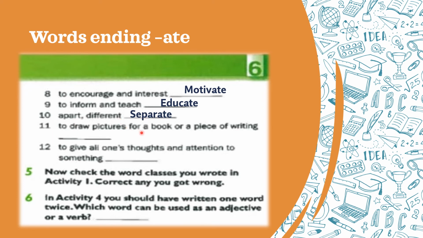To draw pictures for a book or a piece of writing, it means what? Yes, illustrate. And the last one, to give all one's thoughts and attention to something, it means concentrate. Look at 6. In activity 4 you should have written one word twice. في كلمة كتبناها مرتين. Which word can be used as an adjective or a verb? Yes, as we said, it's separate.